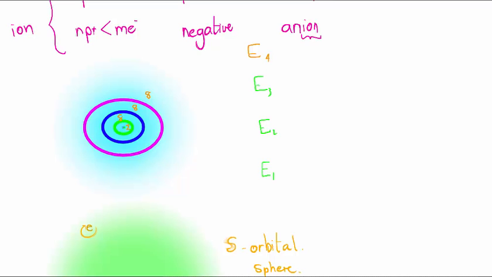Then I will have a d orbital and an f orbital, which we don't have to do because they only appear from energy level 4 upwards. So don't be too worried about that. So in other words, if I go back to my energy level 1, the first 2 electrons will go into an s orbital, but they are only 2.